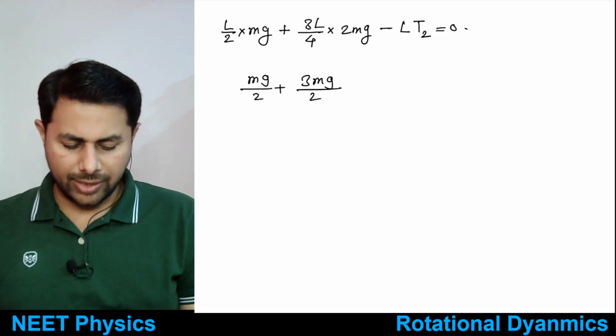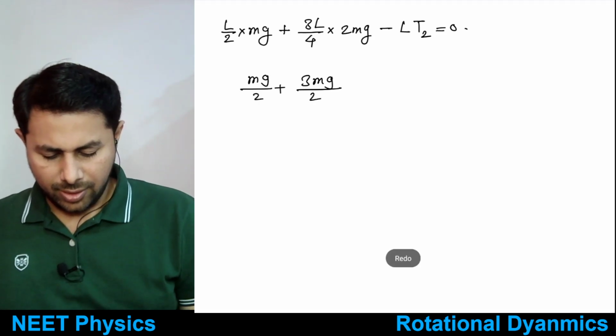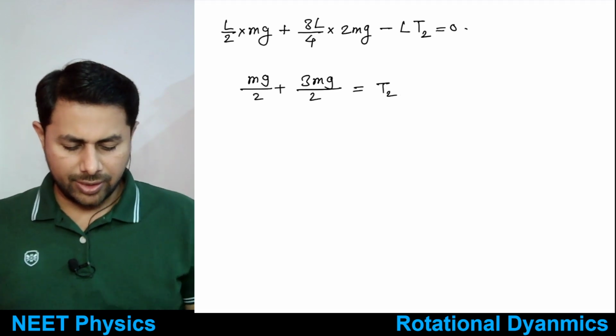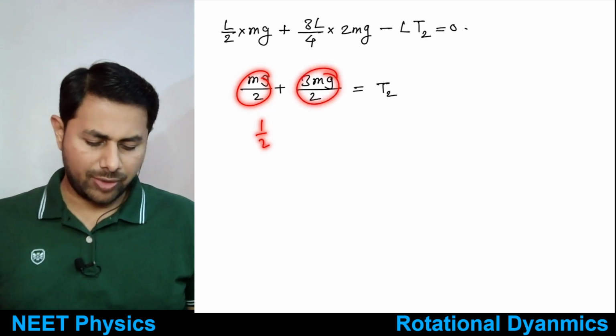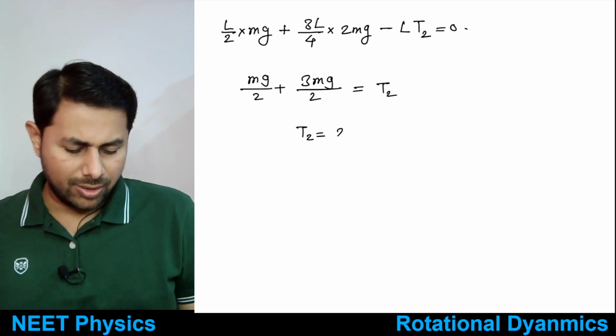Okay, 3 by 2 times mg, it's equal to, take T2 on other side, so it's equal to T2. So mg by 2, so this is half mg plus this is 1.5 mg, so this is 2 mg. So T2 is equal to 2 mg.